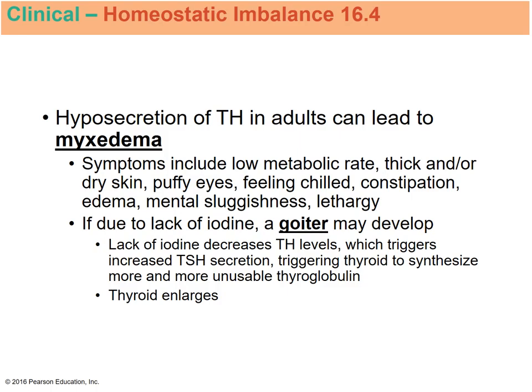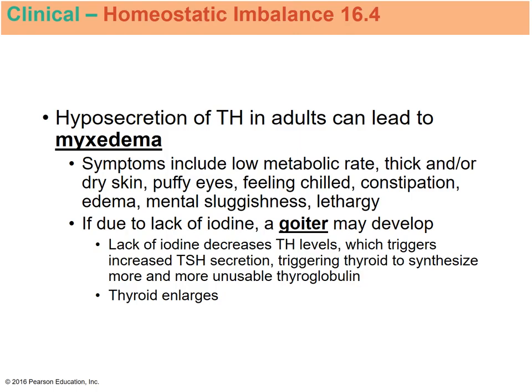Hyposecretion of the thyroid hormone in adults can lead to myxedema, where the symptoms are going to be a low metabolic rate. Oftentimes you feel chilled, may feel kind of tired and more sluggish, just not as active as you normally would.